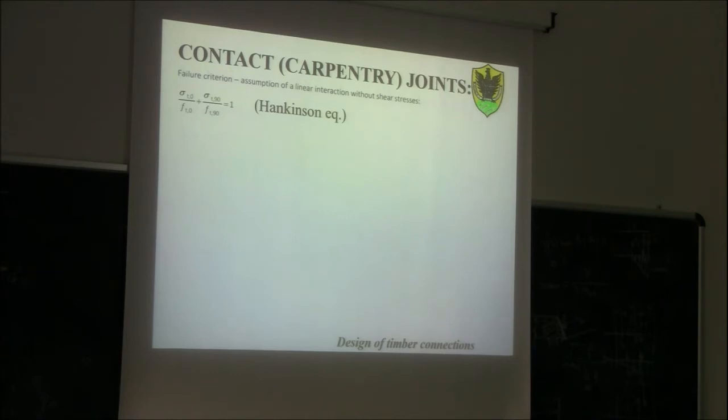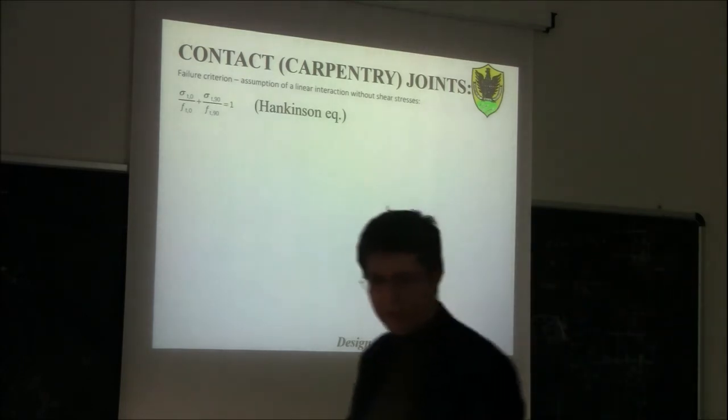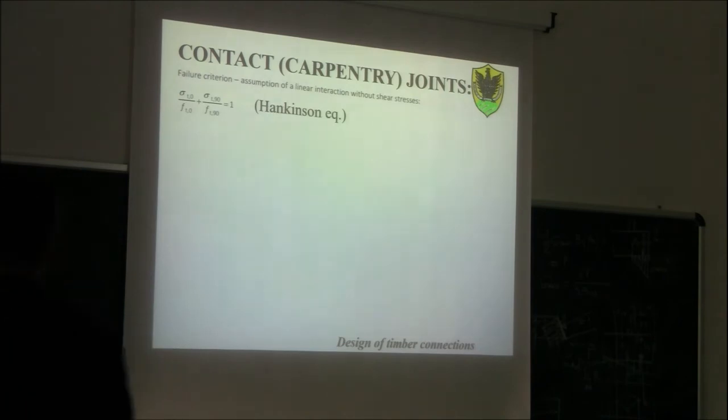So in each point of the timber, I can calculate the two components, sigma T0, so sigma parallel to the grain, and sigma T90, sigma perpendicular to the grain. If those two components are underneath this line, then our structure is safe. Okay? This is to consider the interaction between the two.